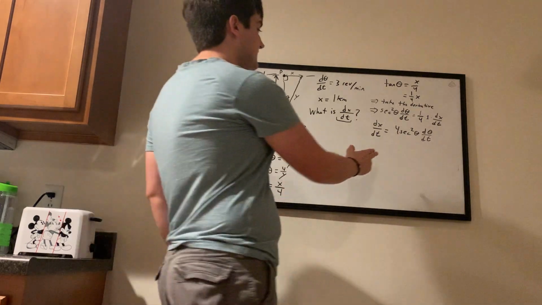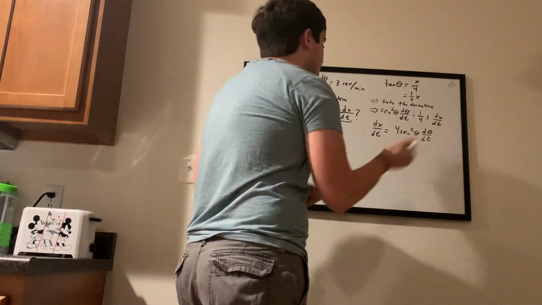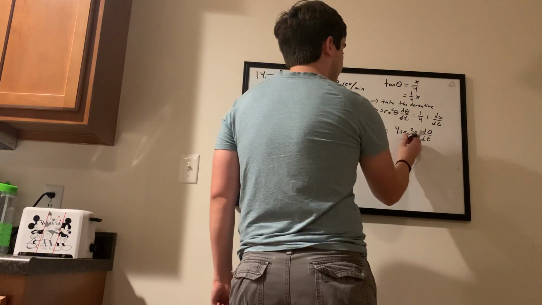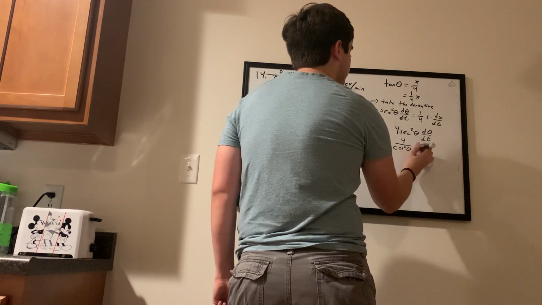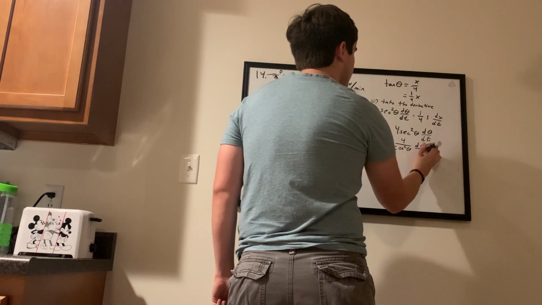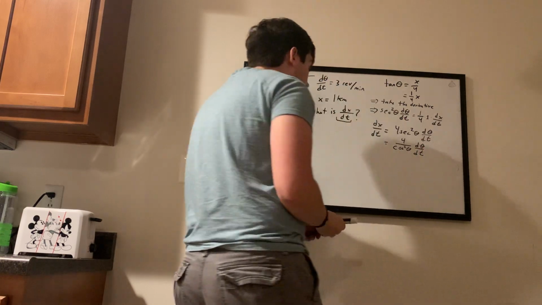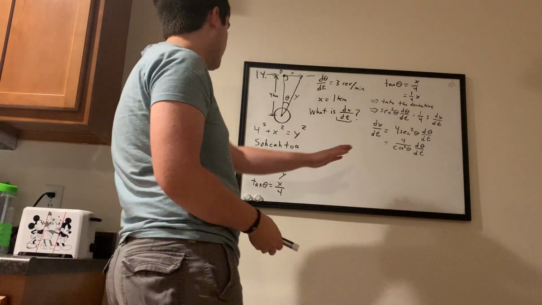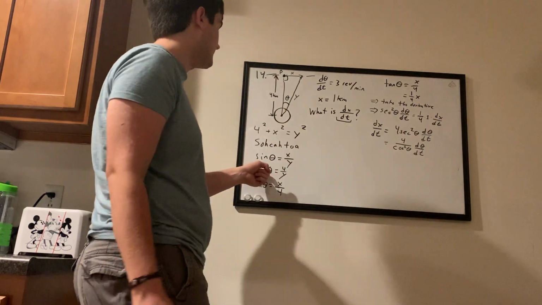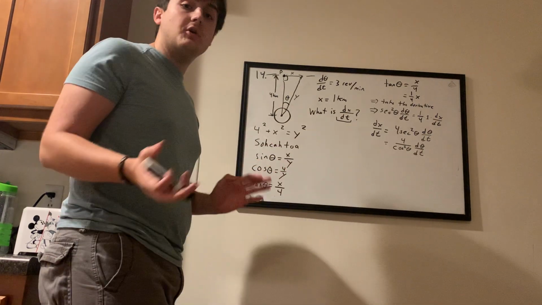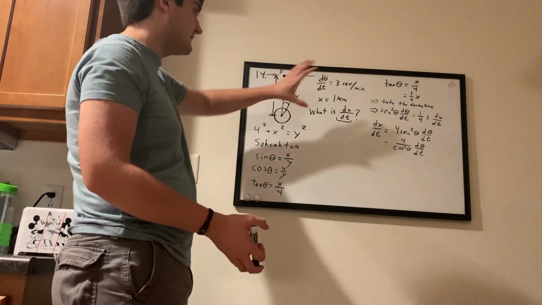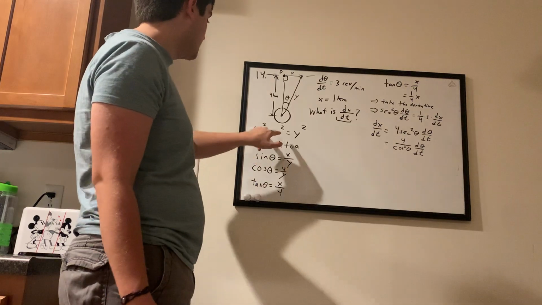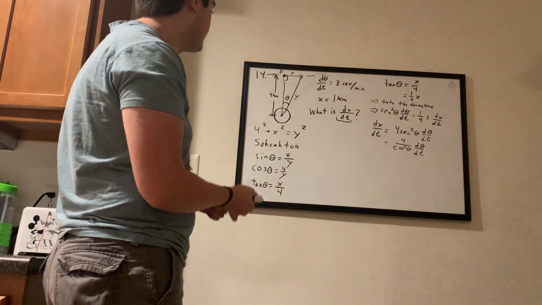So instead of writing secant squared theta, I can rewrite this as 4 divided by cosine squared theta times d theta over dt. Okay, now we know from our equations that cosine theta is 4 over y. I don't know what y is yet, but I could solve for it at this specific point using the Pythagorean theorem. So let's do that.